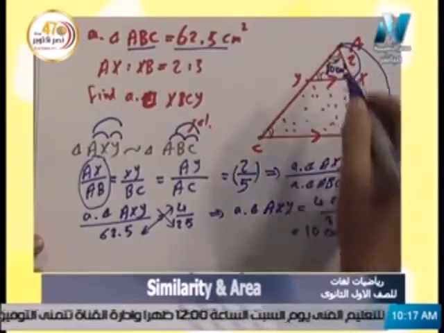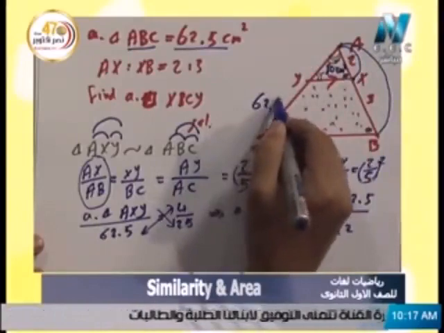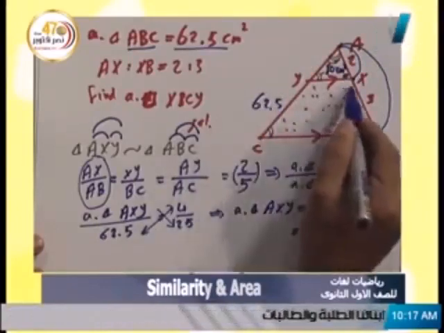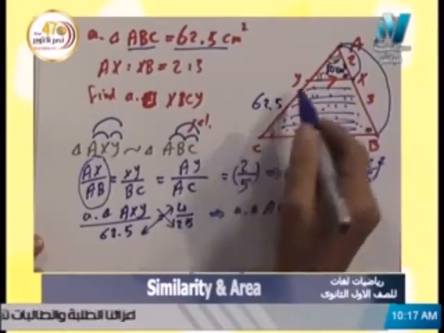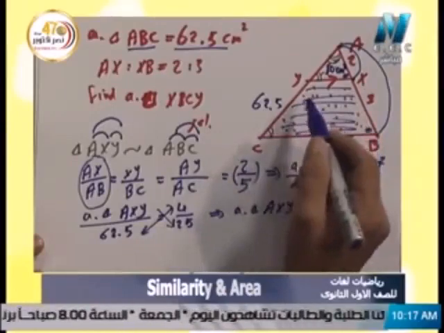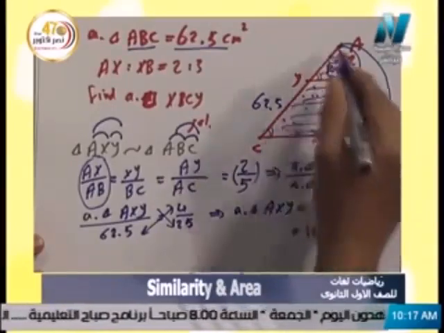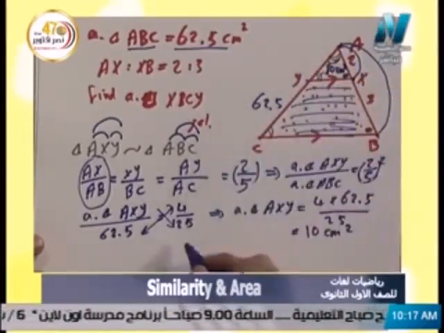So the area of triangle AXY here equals 10 square centimeter, and the whole area of triangle ABC here equals 62.5, and the request is the area of the quad XBCY. The area of the quad XBCY of course equals the area of triangle ABC minus the area of triangle AXY.